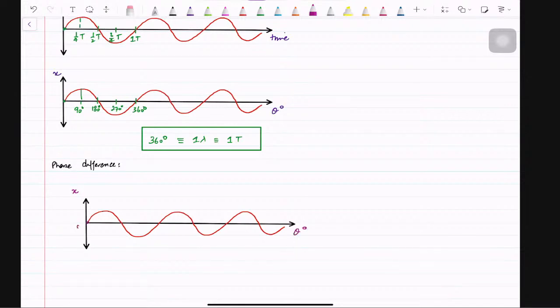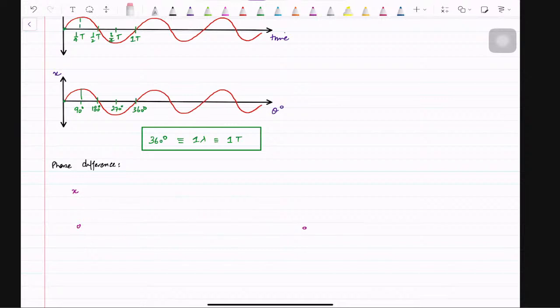This is 0, 90, 180, 270, 360, this will be 450. I want a bigger one because it would be a bit congested. Let's make it bigger.